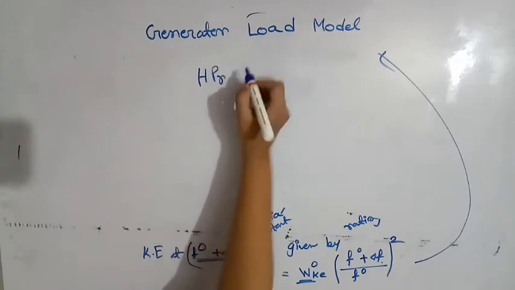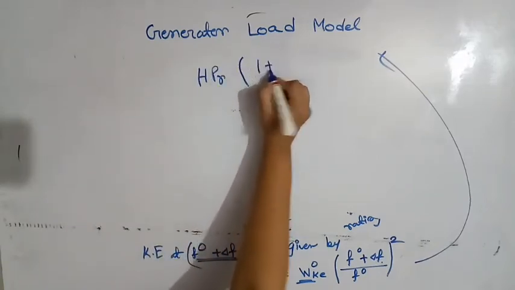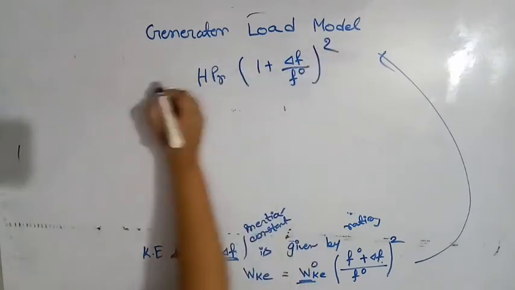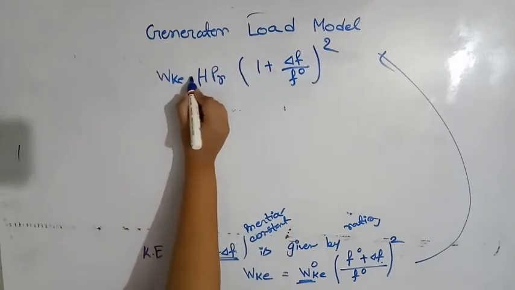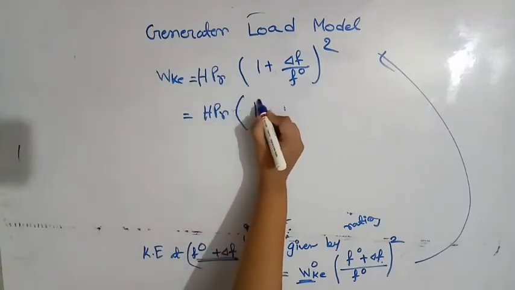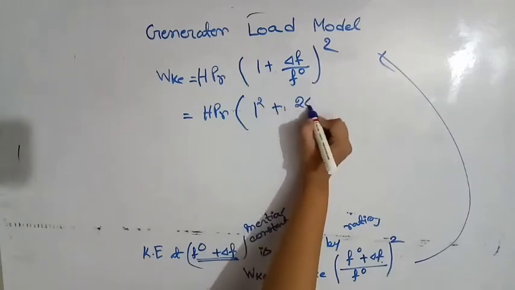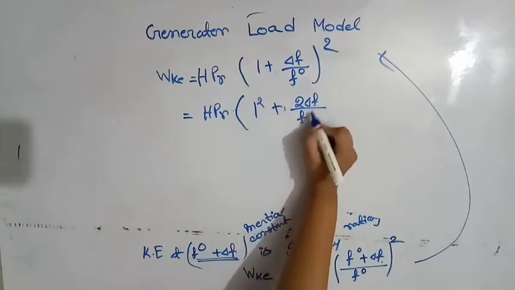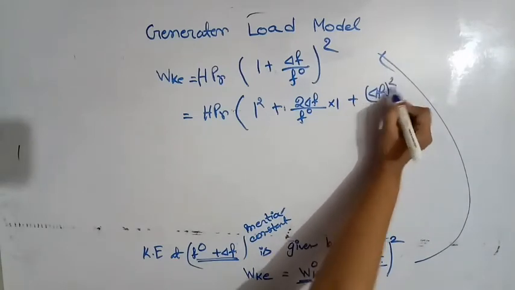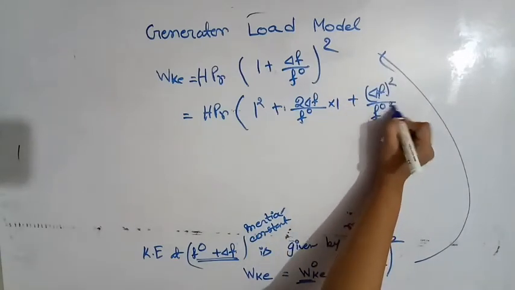Now, this can be written as HPR into 1 plus delta F by F0 whole square, which equals HPR into 1 plus 2 delta F by F0 plus delta F square by F0 square.